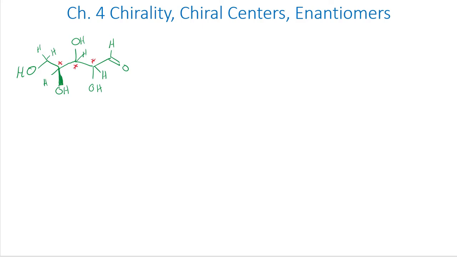So one option would be to have all the OHs wedged, which would mean all of the hydrogens were dashed. The enantiomer, or mirror image of this, by the way, would be exactly the opposite, so it would be all the OHs dashed.